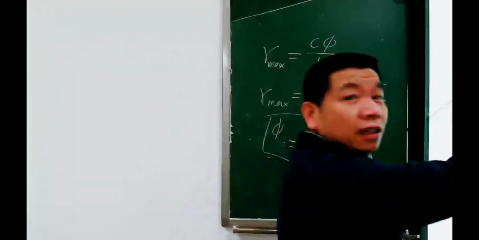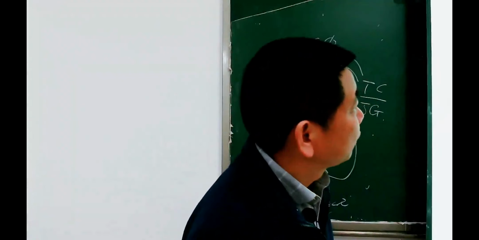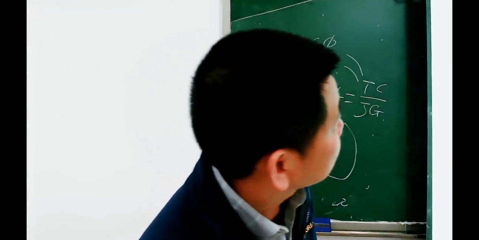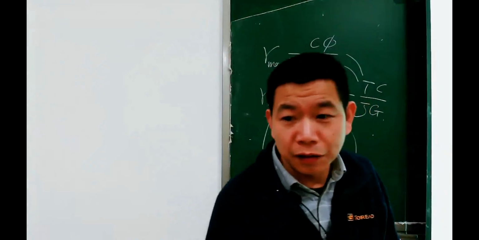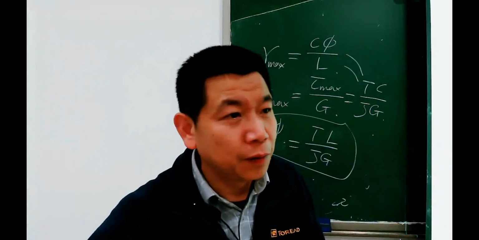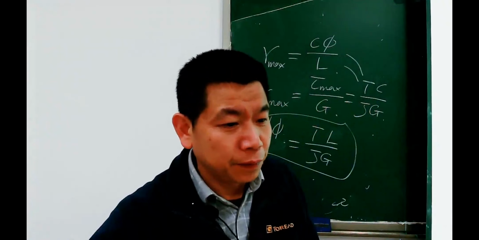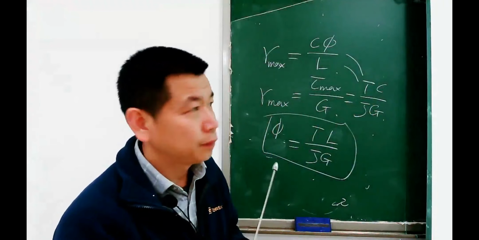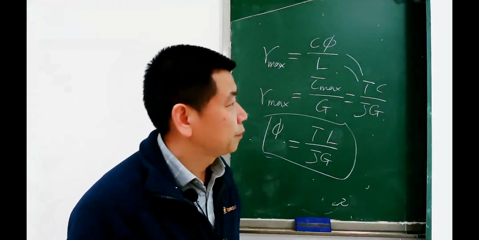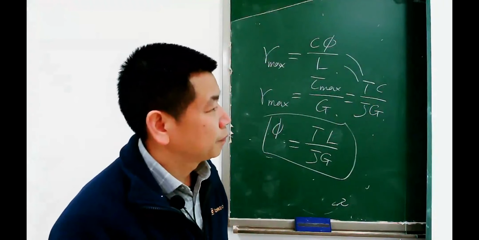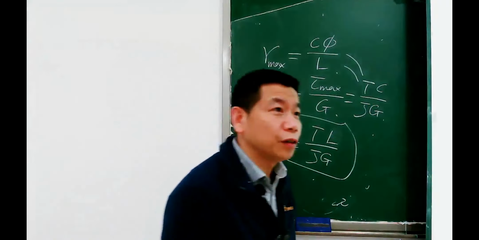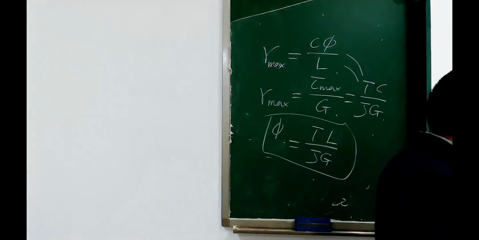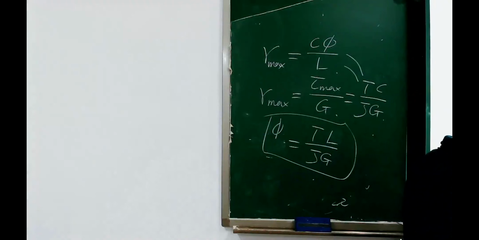G is here, the shear modulus of elasticity, in gigapascals. Phi AC is here.